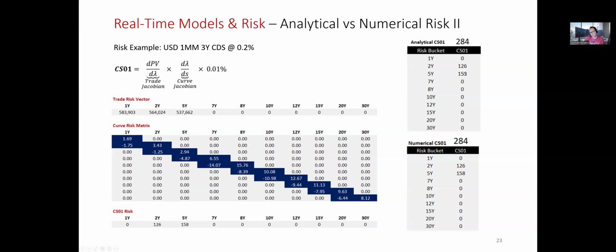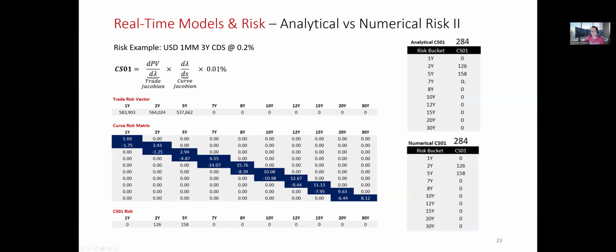So the weights here, you take this 284 number and you're taking the 2-year risk, the 5-year risk, and you're assigning 2/3 of your risk to the 2-year bucket and 1/3 to the 5-year. So what I mean is you'd hedge with 2/3 of a standard 2-year CDS and 1/3 of a 5-year CDS.